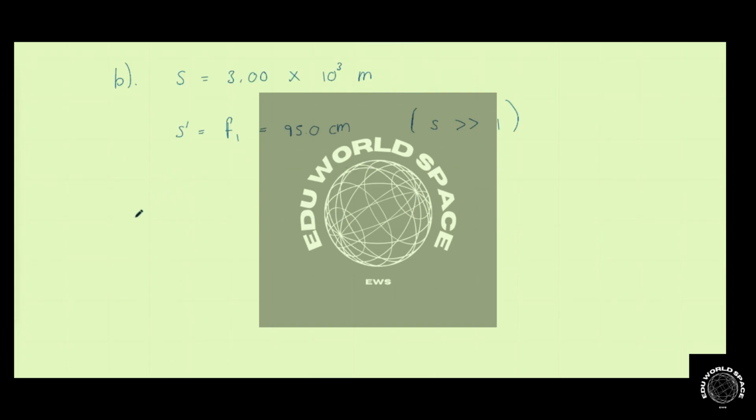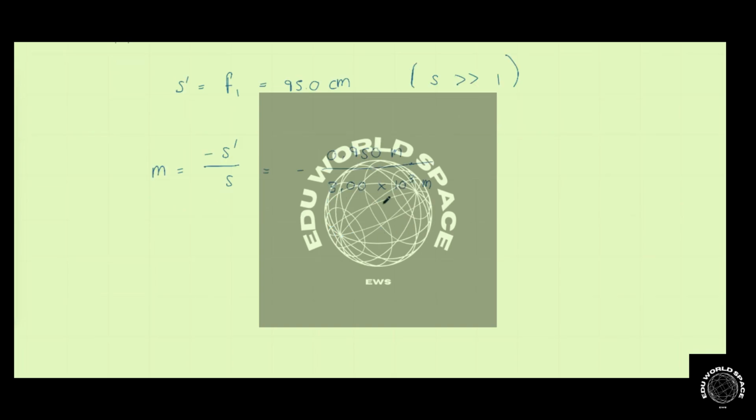And so we can first calculate the magnification m. We know this is minus s prime over s, which is minus 0.95 meters, 95 centimeters, over the distance to the object, 3 times 10 to the 3 meters.